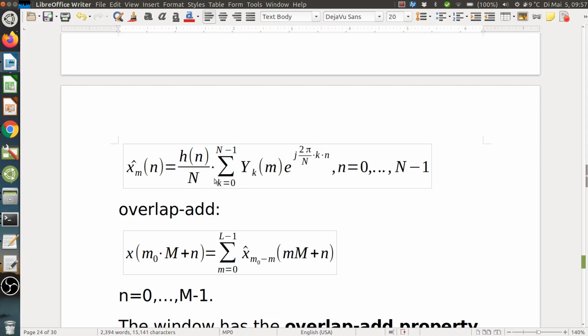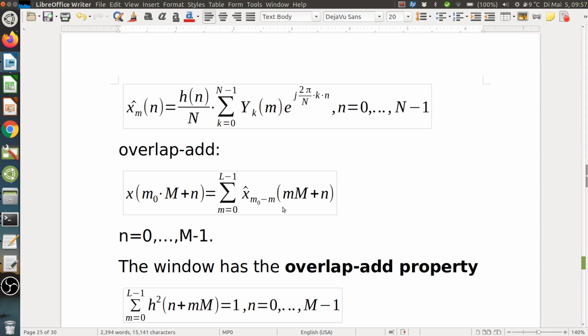Here we get a block of N time samples, and we again have to shift and add them. This is one block of time samples, with a normalization factor and another window, and then we need to overlap add all those blocks to obtain a reconstructed sequence.